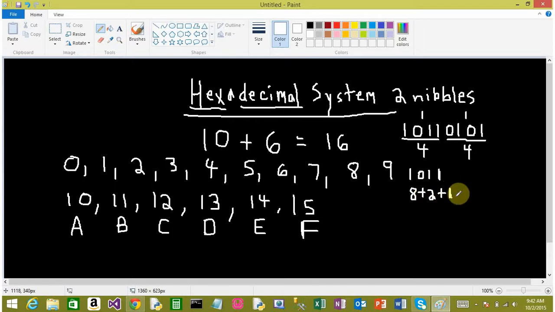And 8 plus 2 plus 1 equals 11. So we get 11 from that binary number, 1 0 1 1. So that's the decimal number 11. And if we go over to our hexadecimal number system, we see that the number 11 is equal to B. So for this first nibble, 1 0 1 1, we're going to use the letter B.